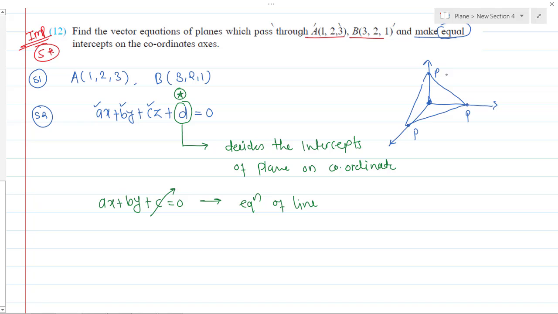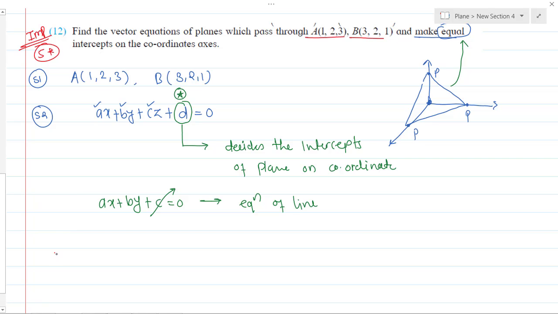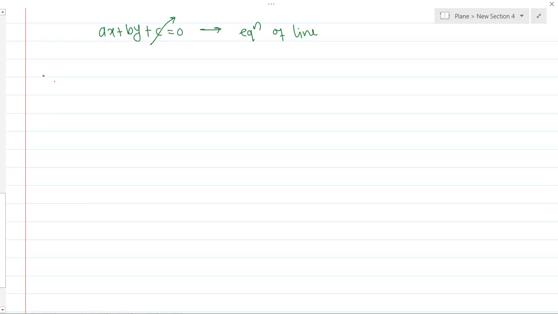यहाँ पे जो अपना प्लेन है that is making an equal intercept. Now d can be equals to 0 or it can be non-zero. Yes or no? But it should be equal. मतलब फर्स्ट केस में हो गया ये 0 0 0 हो गया, मीन्स d की वैल्यू 0 हो गई. Okay, so we will have the cases now. So first case is what? Case number 1 is what?